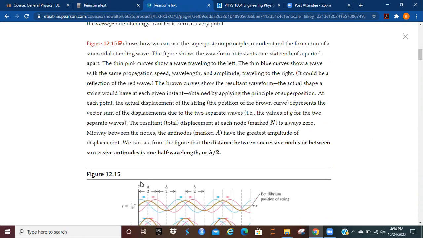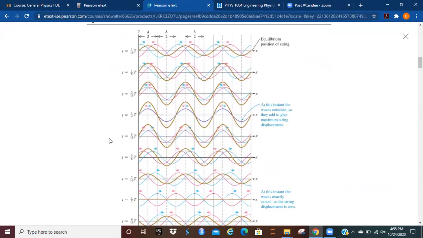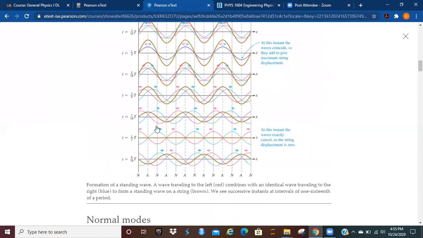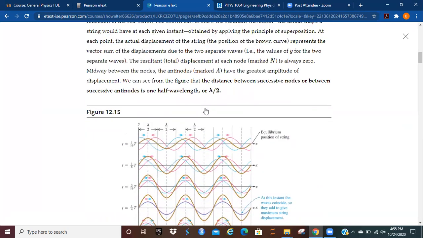So let's take a look here at figure 12.15. We're going to use the superposition principle to understand the formation of a sinusoidal standing wave. The figure shows the waveform at an instant 1/16 of a period, so that's how this is going to be represented.